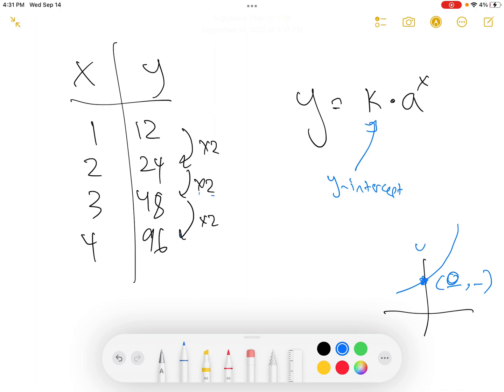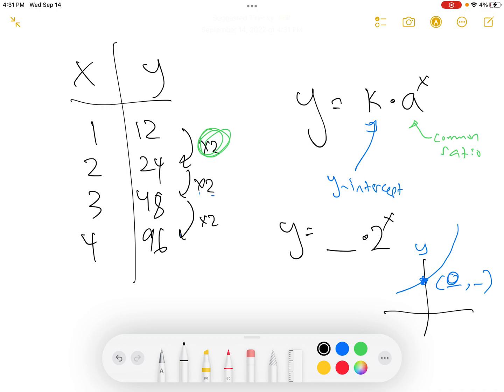So the y-intercept is the y value when x is 0. And then the a is going to stand for your common ratio. Looking at this, we already have a common ratio, and it is 2. So we can write y equals something times 2 to the x.